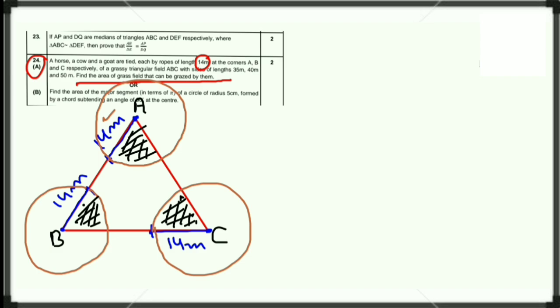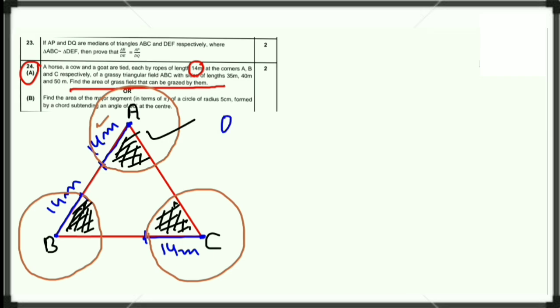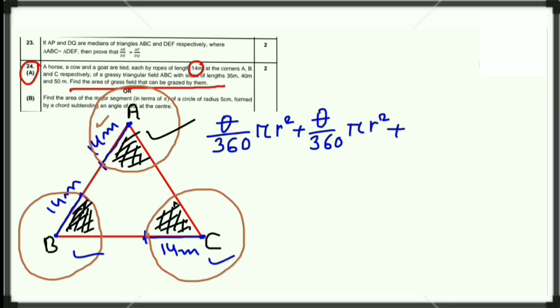And we have a formula for finding the area of a sector, and that formula is, okay, firstly, for this sector, we have the formula theta by 360 pi r square plus, and for this sector, theta by 360 pi r square plus, and for this sector, theta by 360 pi r square.